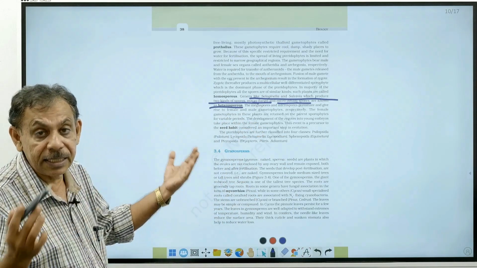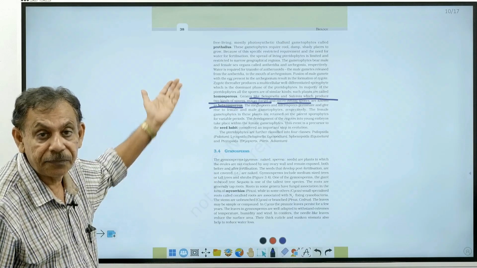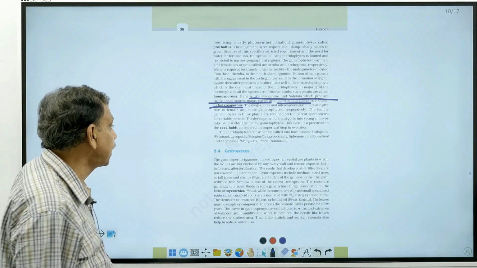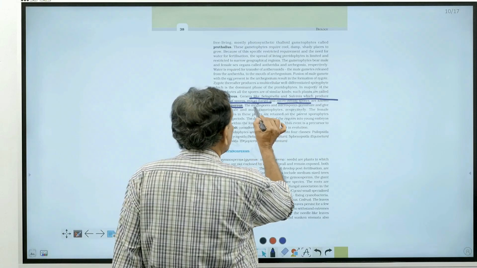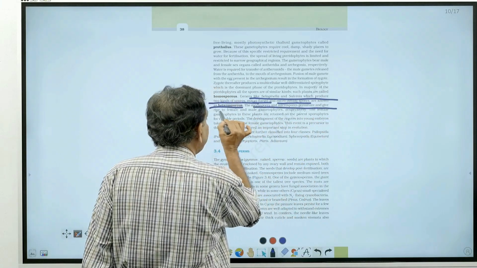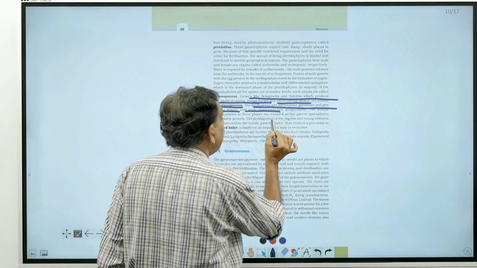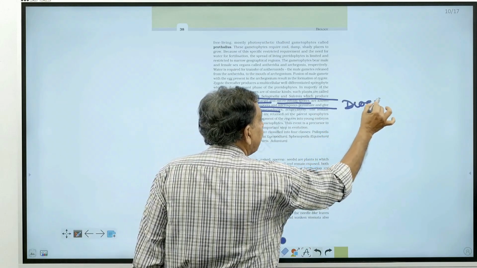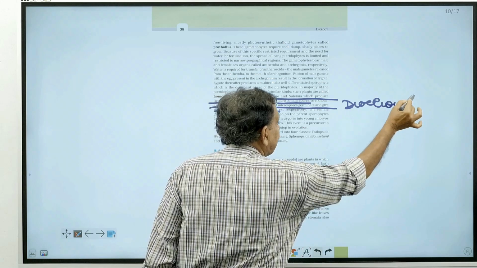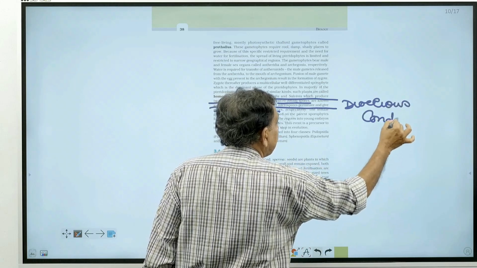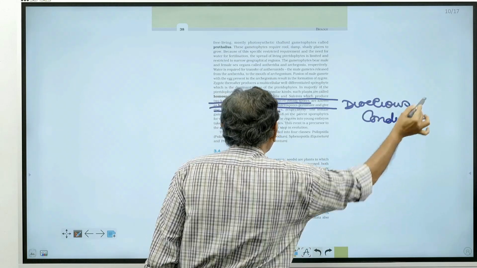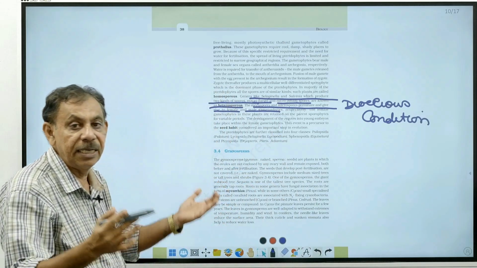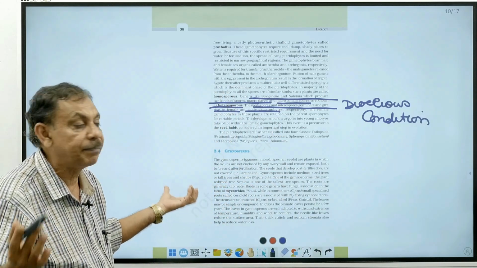There is another advancement you find in pteridophytes. That is, the megaspores and microspores germinate and give rise to female and male gametophyte. This is a dioecious condition. Male and female gametophytes are produced separately.